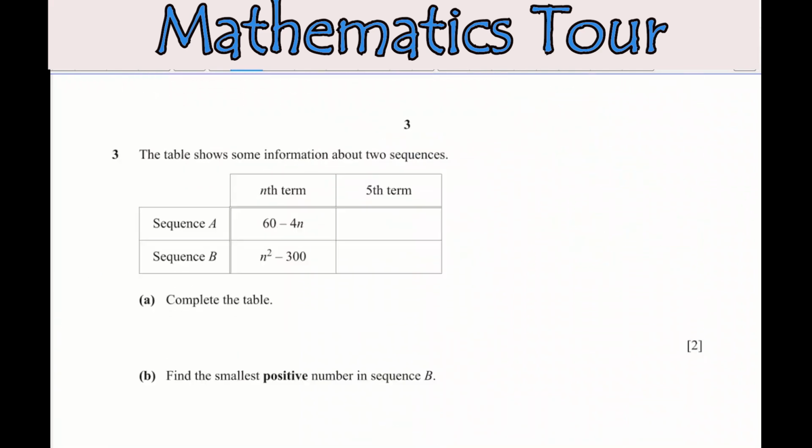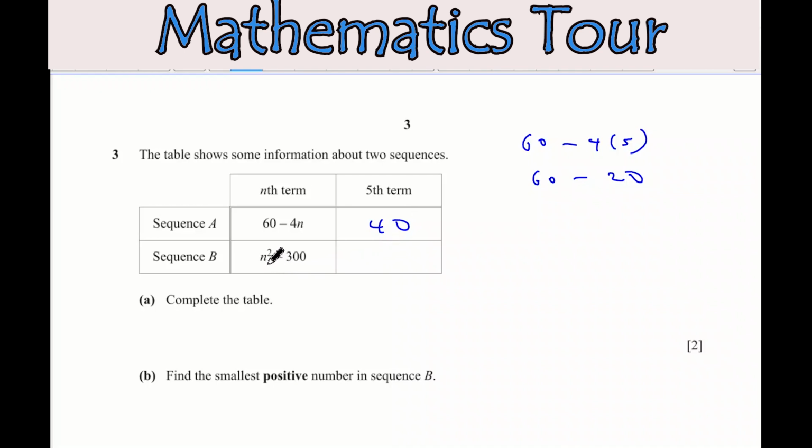Let's go to the next question. Question 3. The table shows some information about two sequences. Complete the table. For the 5th term, we pass 5 into n here, that is 60 minus 4 times 5. That will be 60 minus 20, so you get 40.